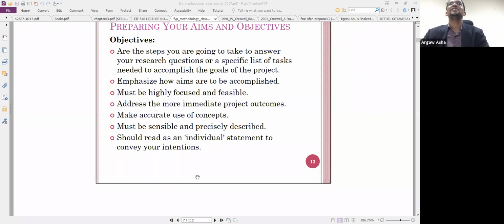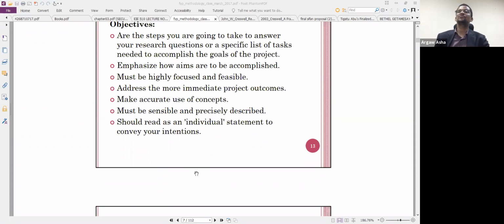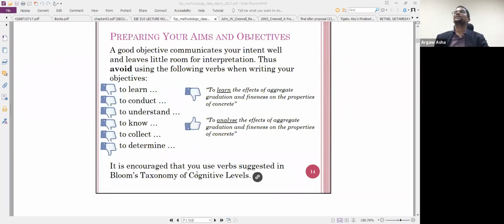You can do research on areas with a feasible outcome. You should make accurate use of concepts. What kind of concept are you going to use? It should be sensible and precisely described. The general objective may be in one paragraph, and the specific objectives should be from 3 to 5 points, not more than that.